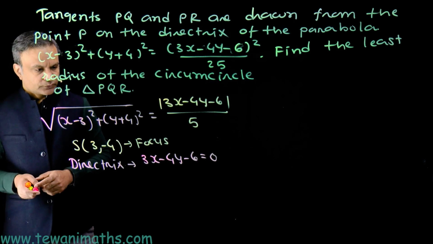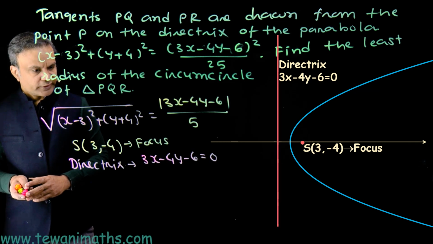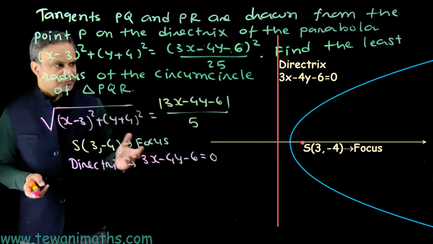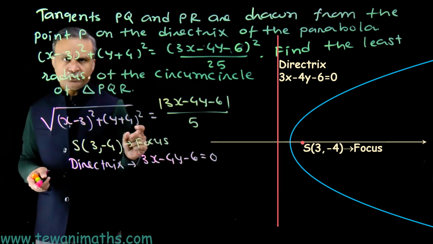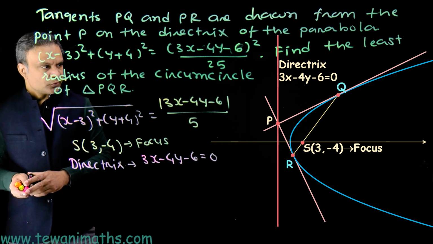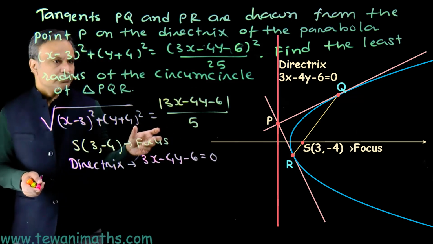Now let's draw the diagram. Here we have parabola, focus at point 3 comma minus 4, and directrix has equation 3x minus 4y minus 6 is equal to 0. Now point P lies on the directrix. From this point we draw tangents to parabola, tangents PQ and PR.